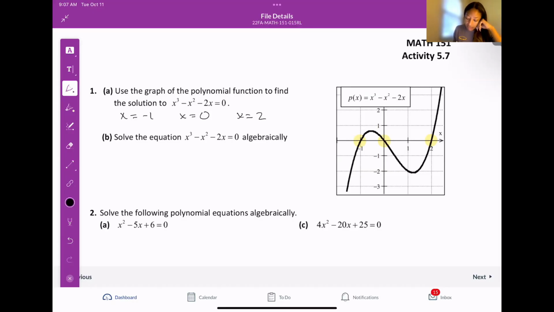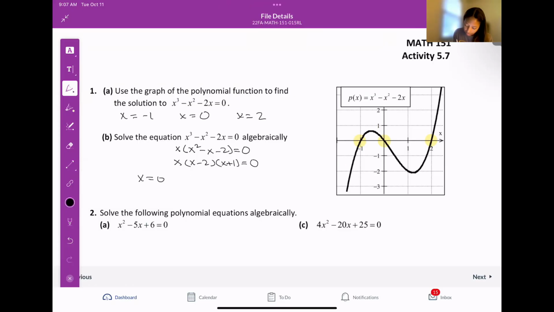On the left-hand side, we can start by factoring out an x, and we have x times x squared minus x minus 2 equals 0. Then that trinomial in the middle is going to factor to x minus 2 times x plus 1. So overall, once we factor, we get x times x minus 2 times x plus 1 equals 0.